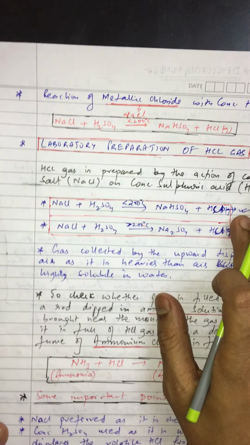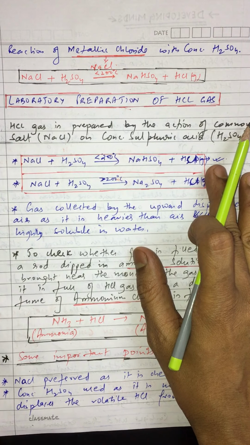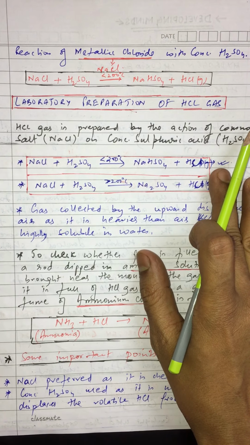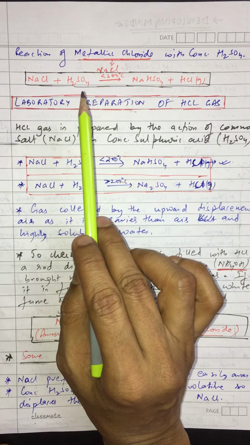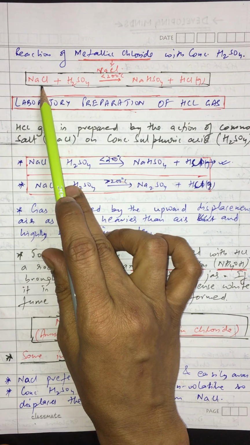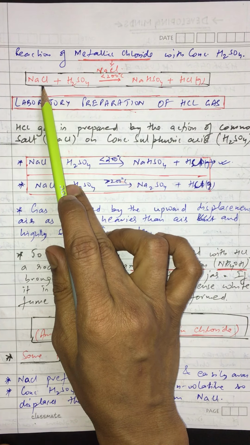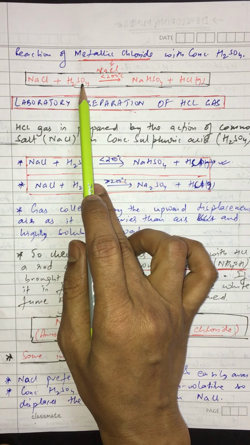The second is by the reaction of a metallic chloride with concentrated sulfuric acid. The metallic chloride can be NaCl, sodium chloride, or calcium chloride; any chloride can be used along with concentrated sulfuric acid.